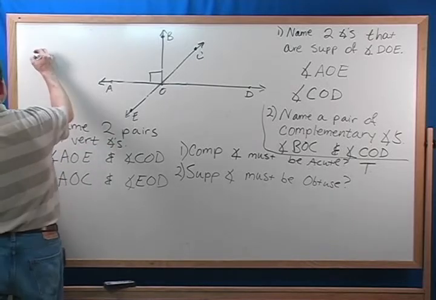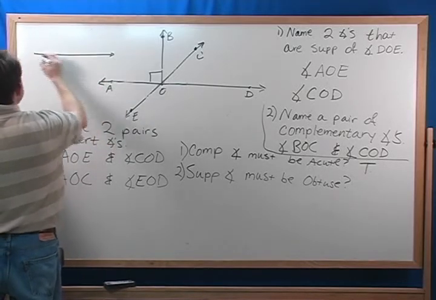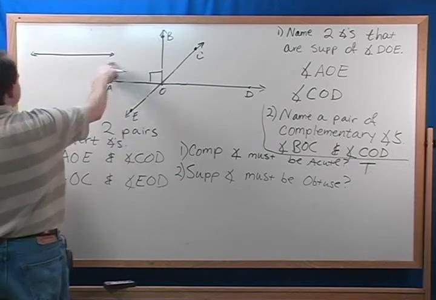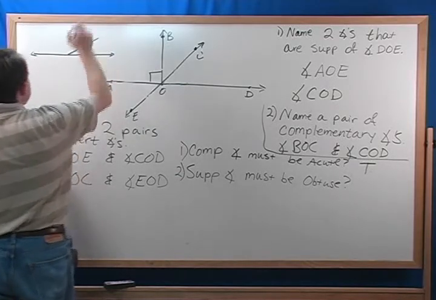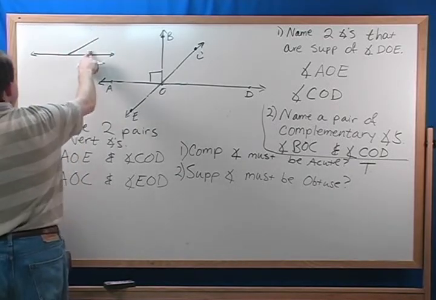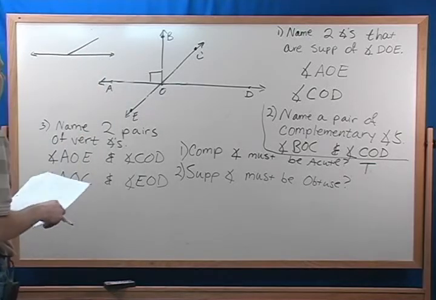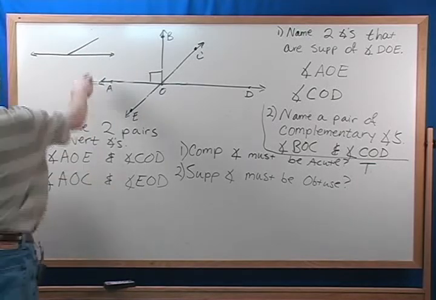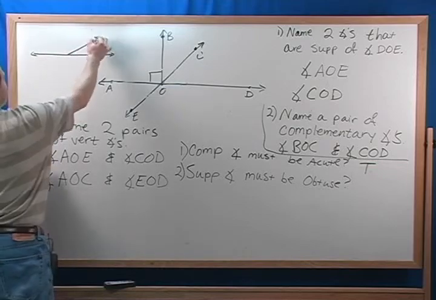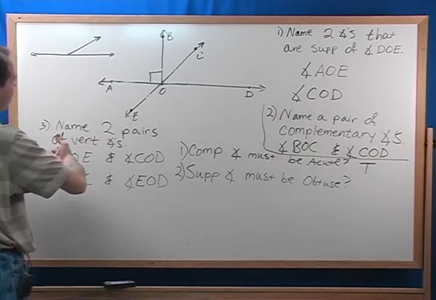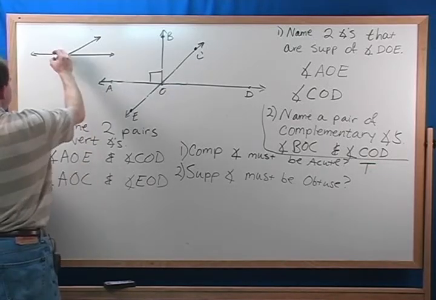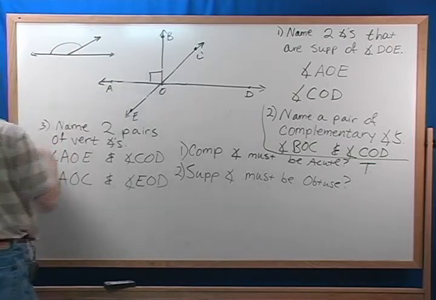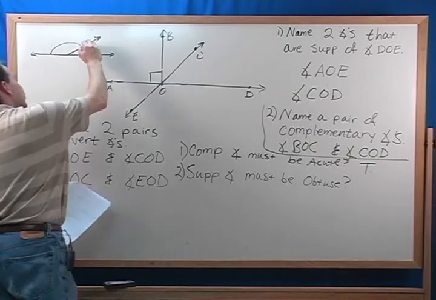Well, supplementary by definition means that they have to add to 180 degrees. So this is a straight angle, and if I split it, then I know that this angle and this angle are supplementary with one another because they add up to 180 degrees, right? But I can tell you by looking at this drawing that this angle is obtuse, because it's greater than 90 degrees, but this angle right here is not.